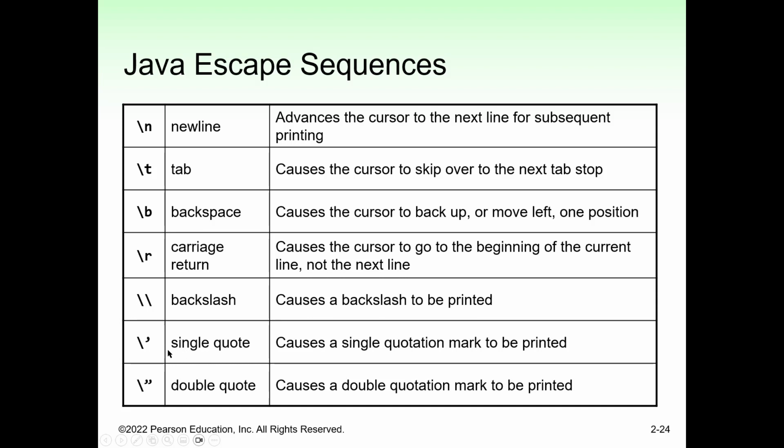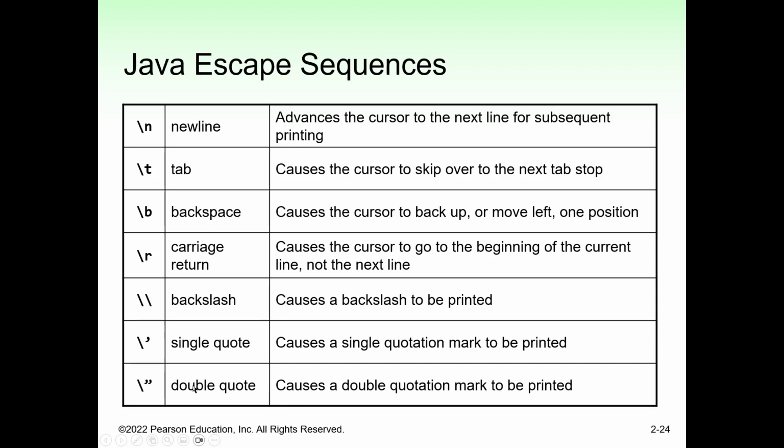Then if you want to print a single quote, you have to put backslash single quote, because again, you cannot do that in Java. Java is very strict. It's not like Python. So there are some rules that apply in Java that do not apply in Python. And the same thing with the double quote. If you want to print a double quote, you have to put a backslash and a double quote.